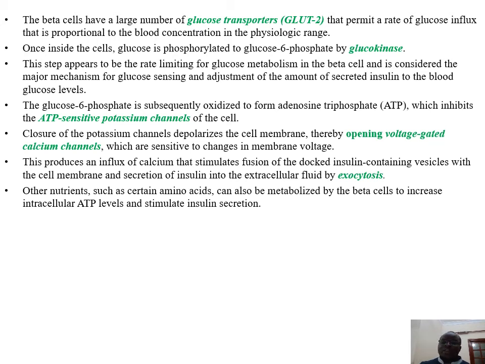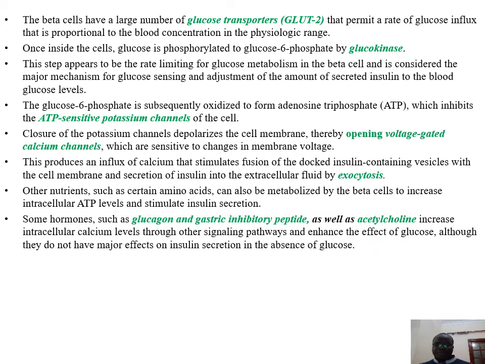They can be converted into ATP. Then that can also increase the secretion of insulin because the ATP will now be blocking the ATP sensitive channels for potassium.